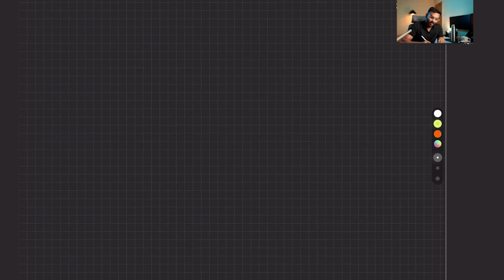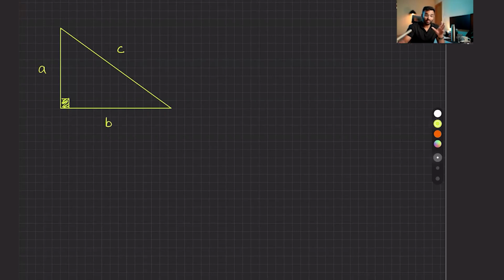Okay, so here we have a right angle triangle. We are saying the longest side is C, and the other two sides are A and B, and A square plus B square equals C square.